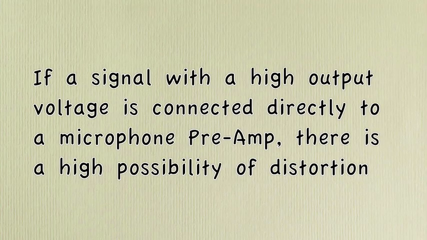These inputs, of course, lead to the console's preamps. If a signal with a high output voltage is connected directly to a microphone preamp, there is a high possibility of distortion as well as causing irreversible damage to the preamps.